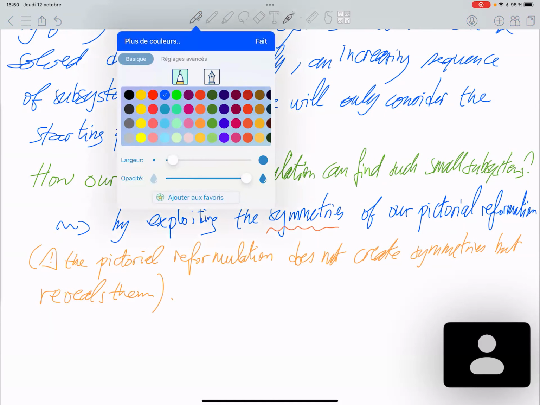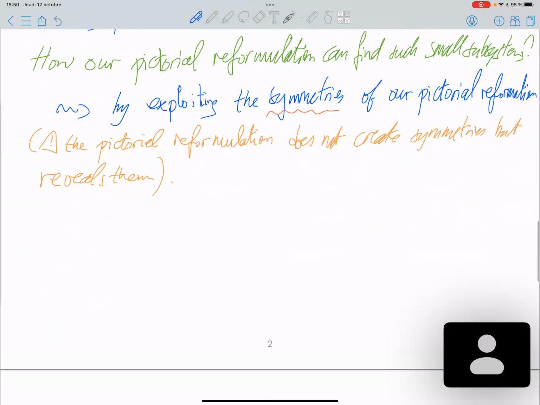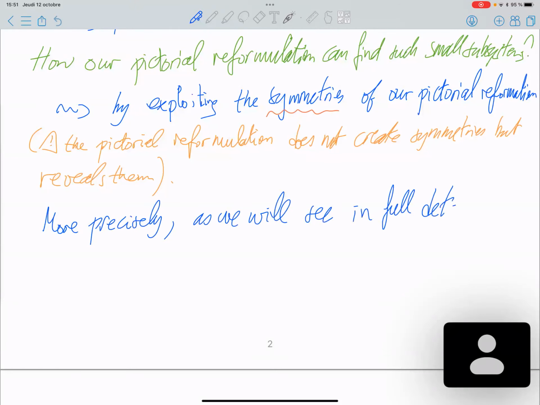So more precisely, as we will see in more details later, of course, we will not provide all the details in this introduction part, as we will see in full details later.